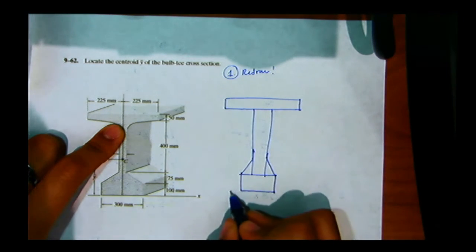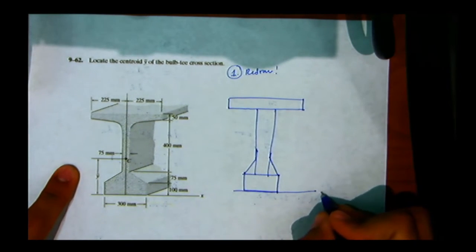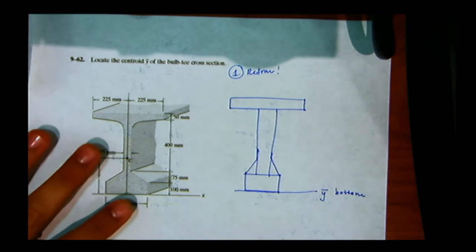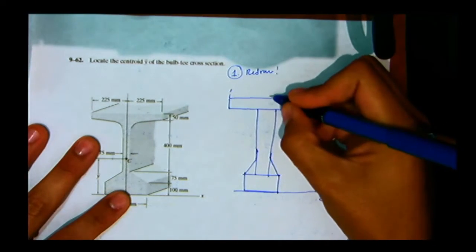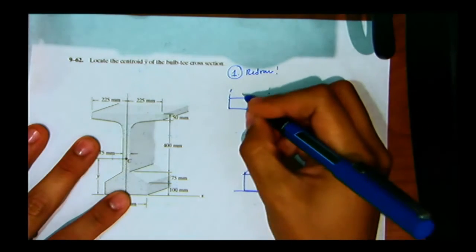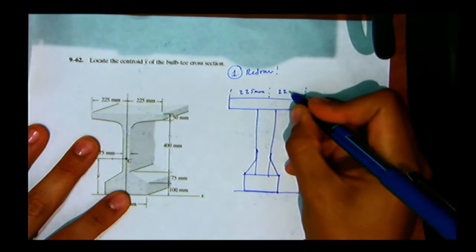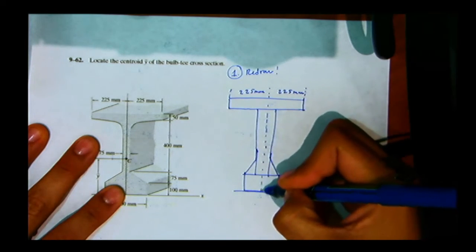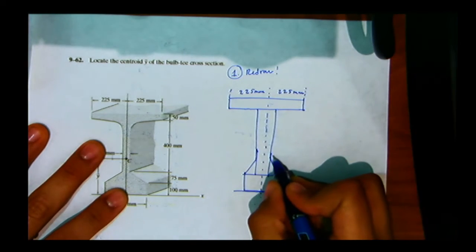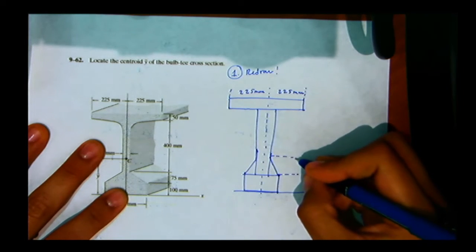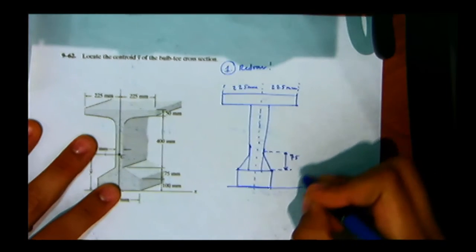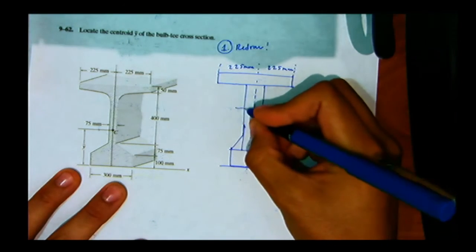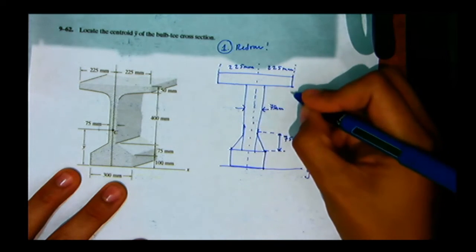This is going to be from the bottom. So we're going to draw, and don't forget to put the lengths, 225 millimeters, 25 millimeters. This is 75, 400.